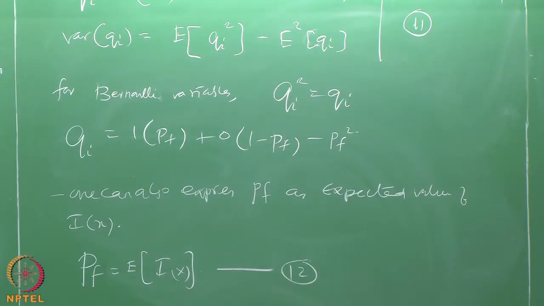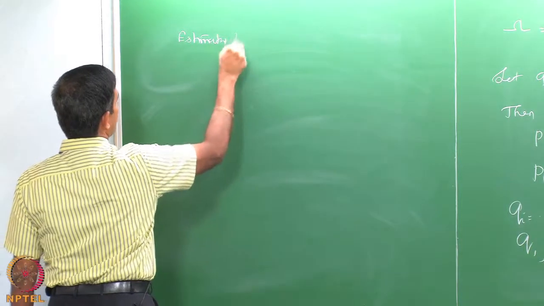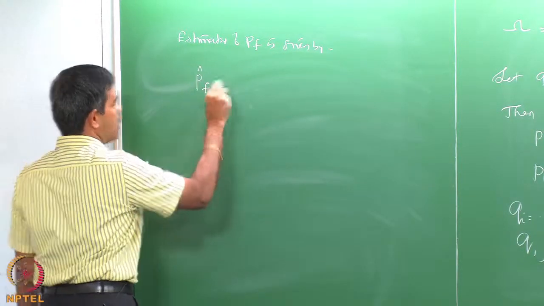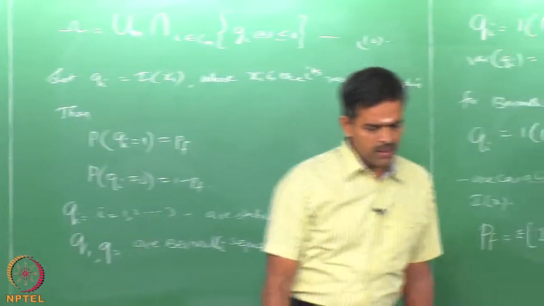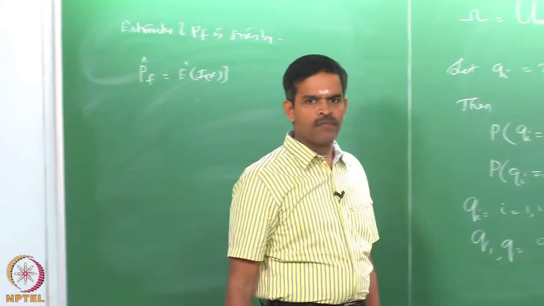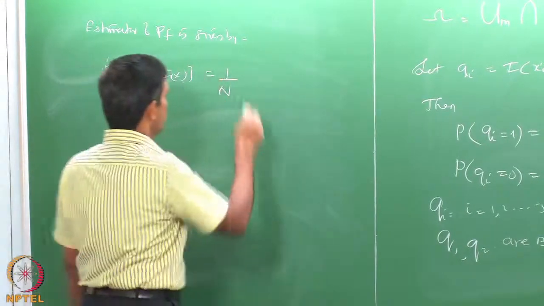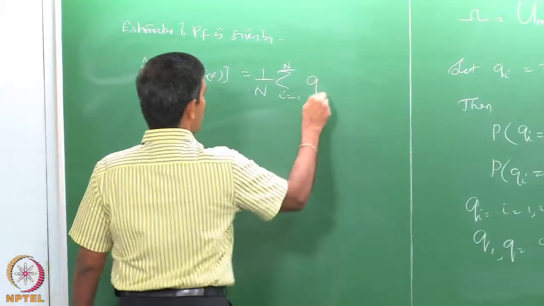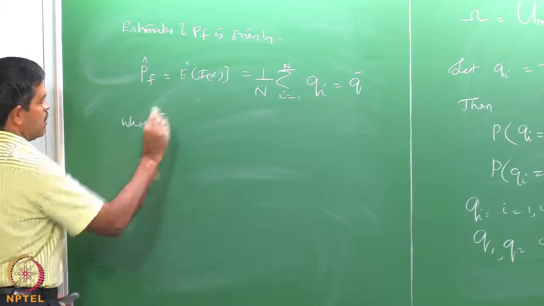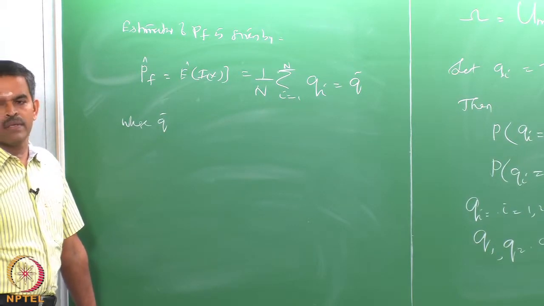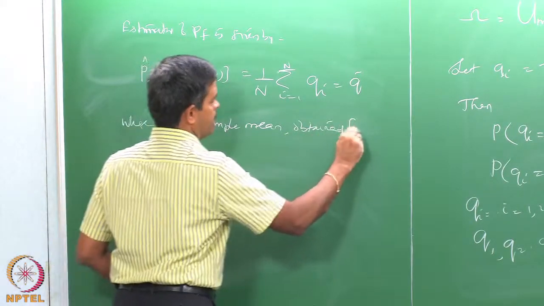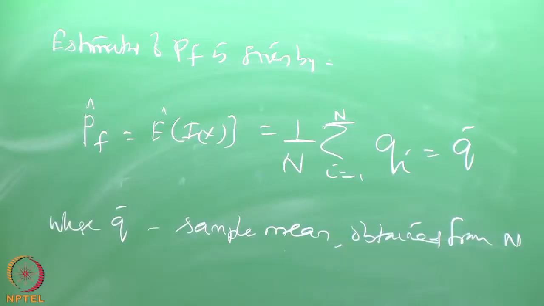The estimate of the probability of failure is then given by P hat failure, the expected value of the indicator function, which is nothing but 1 by n of summation of i equals 1 to n of Qi, which is Q bar, where Q bar is the sample mean obtained from n simulations of the random vector x.